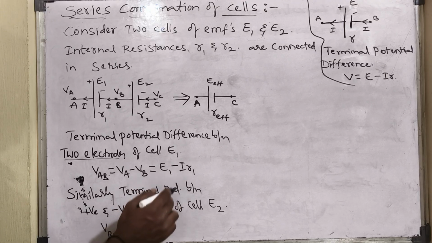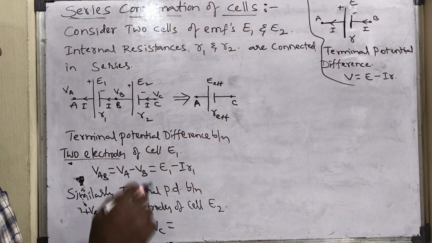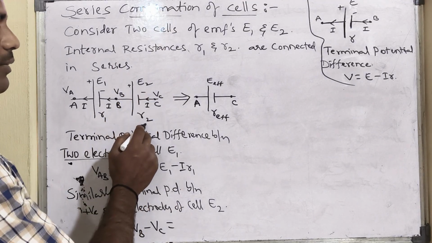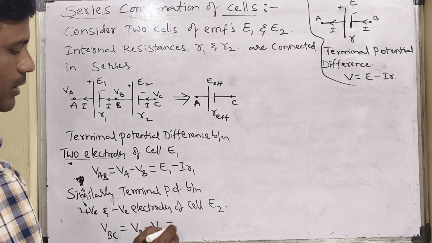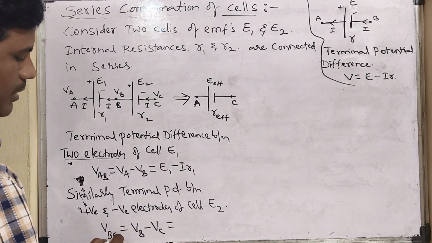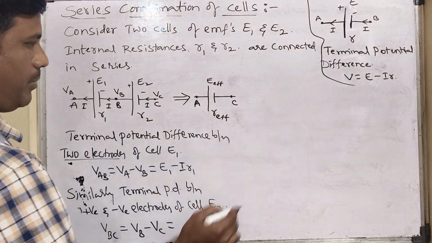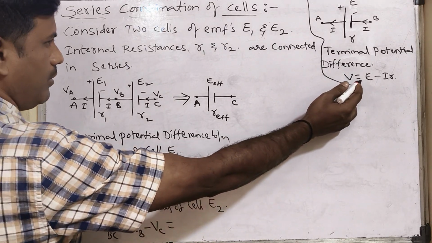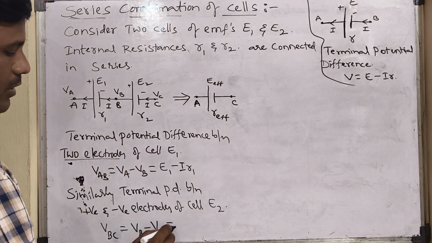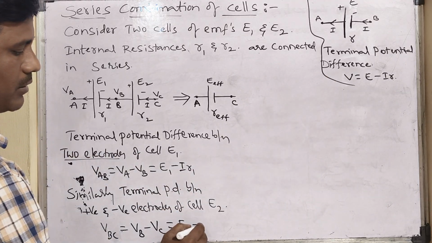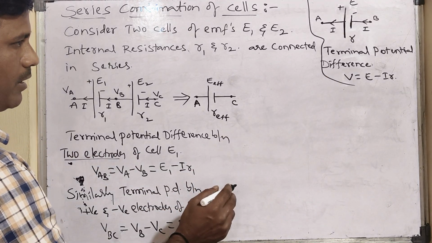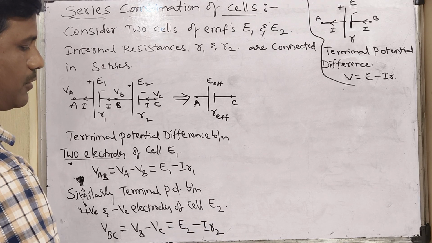With EMF E2 and internal resistance R2, the terminal potential difference formula applies. So VBC is E2 minus I R2, where the current is the same I.